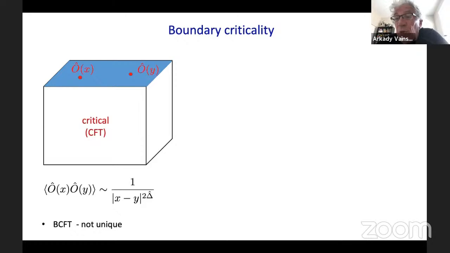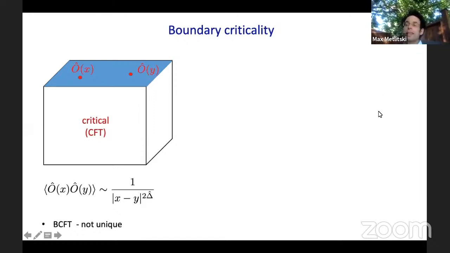Because in an extreme case, if my boundary conditions are completely fixed, so I have a particular distribution at the boundary, then there are no degrees of freedom there, right? No, Arkady. In that case, you can still talk about these boundary operators.